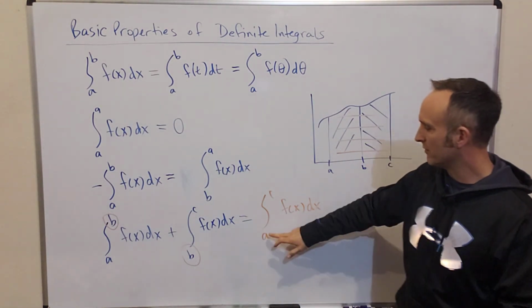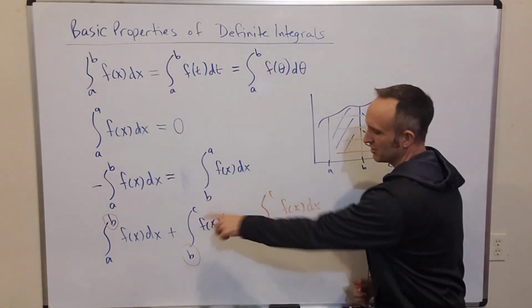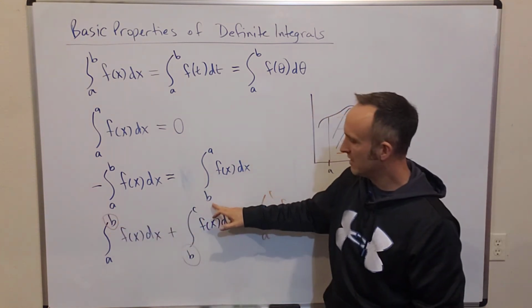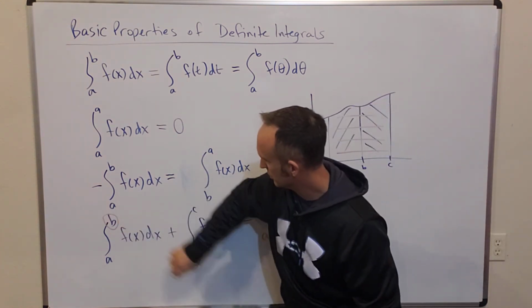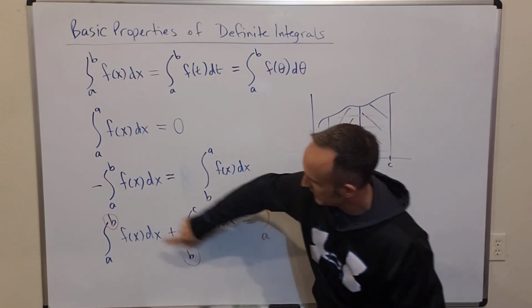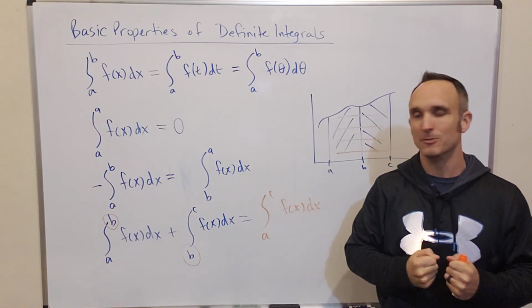Similarly, if you've got a function that has a problem between a and c, you can split the integral apart wherever that problem occurs. If it occurs at b, then you could split it into two separate integrals. Sorry, I think I pointed at this b. But you can split it at the problem area at b and help you split it into two integrals that are easy to do. Okay?